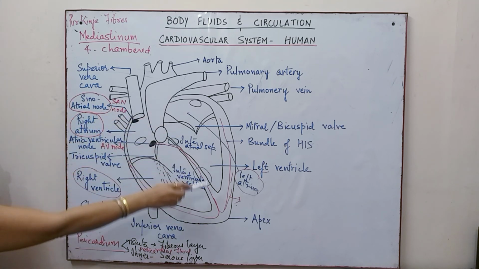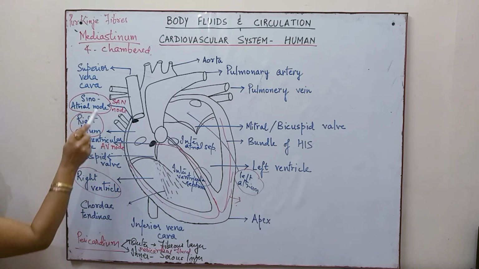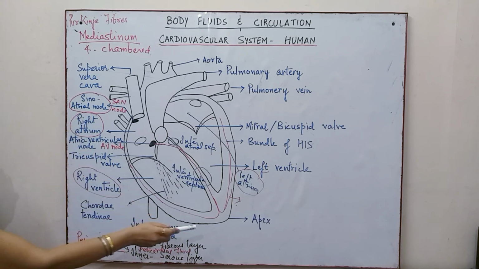So this entire conduction system is composed of SAN, AVN, the bundle of His and the Purkinje fibers. We'll be studying how they function in the cardiac cycle. Here we are trying to understand the structure of the heart.